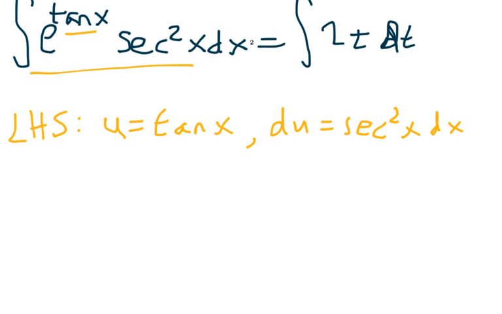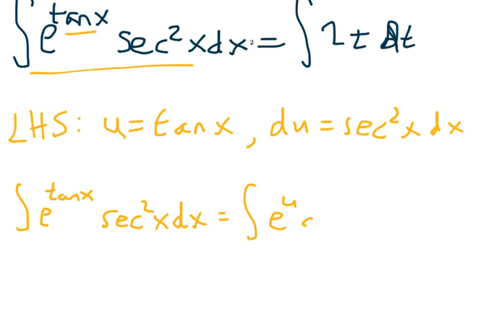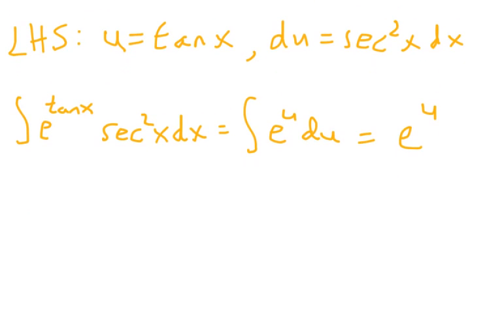So e to the tangent x secant squared x dx is equal to e to the u du. And we know that integral is just e to the u, where if we plug in the right stuff, e to the tangent x. That's going to be our left-hand side.